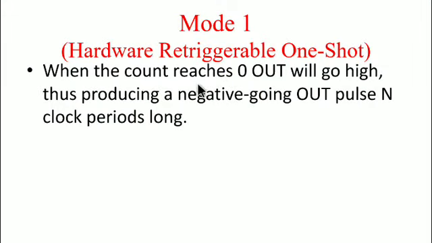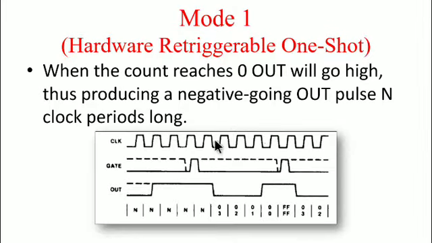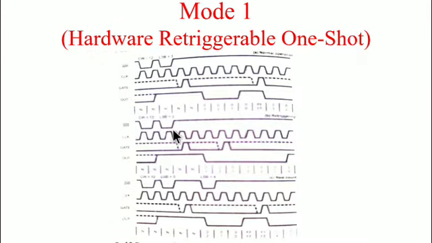When the count reaches 0, OUT will go high, thus producing a negative going OUT pulse, n clock pulses long. So this is mode 1 operation, the hardware re-triggerable one shot.